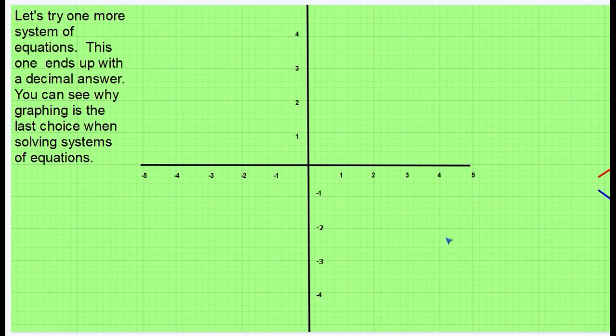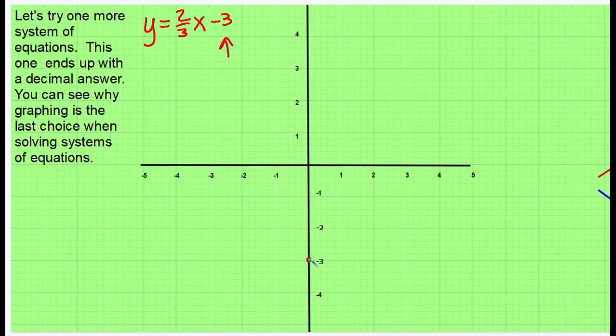Let's try one more system of equations. This one ends up with a decimal answer. You can see why graphing is the last choice when solving systems of equations. So here are the two equations. Here's our first equation. Y is equal to 2/3 x minus 3.